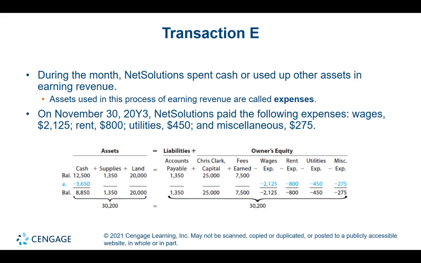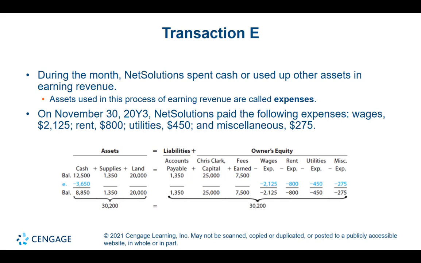These expenses are incurred so that revenue could be generated, right? Because the business needs to incur expense in order to operate, pay for labor, pay for utilities, pay for rent of the facility.